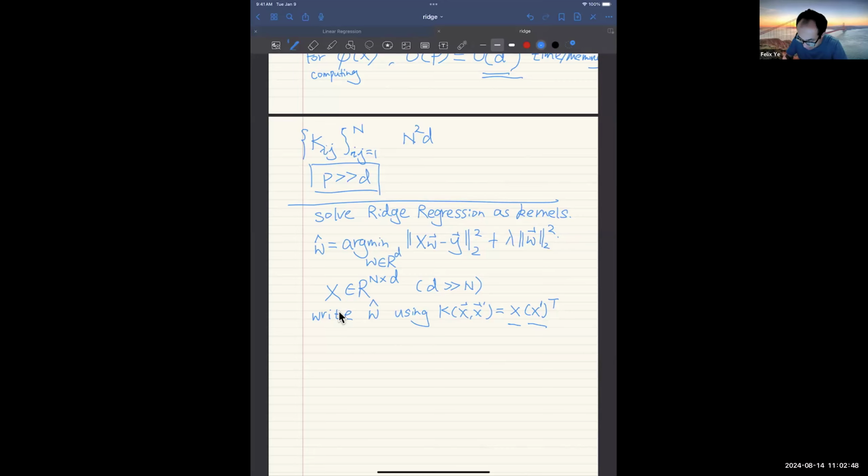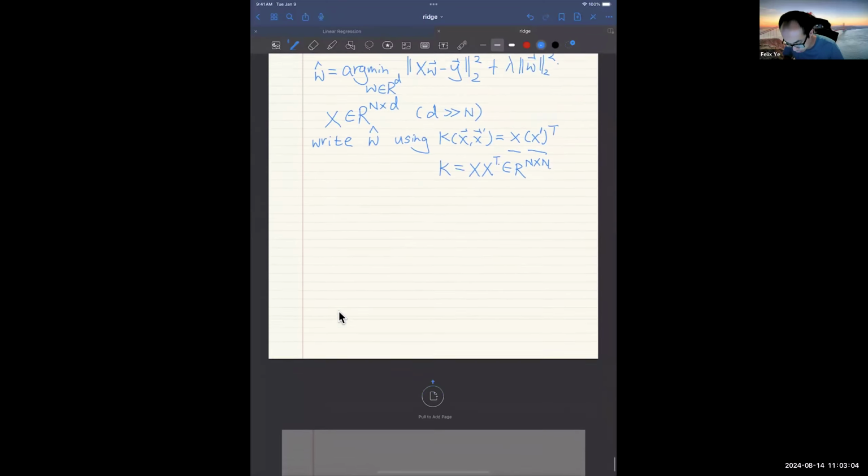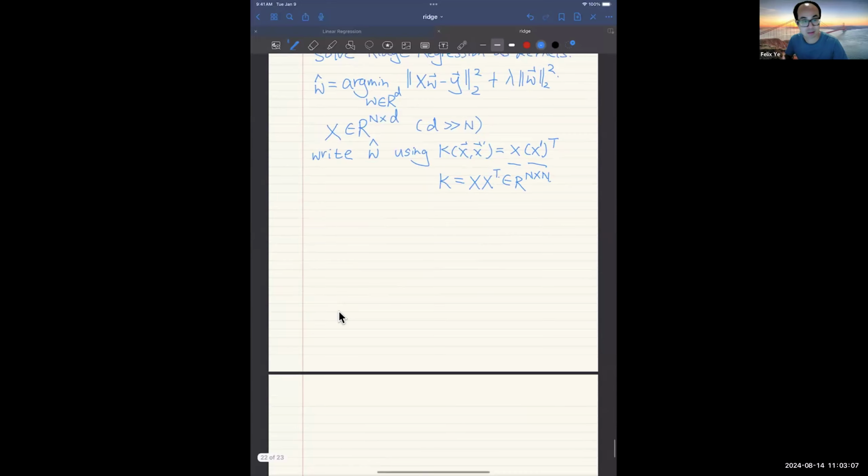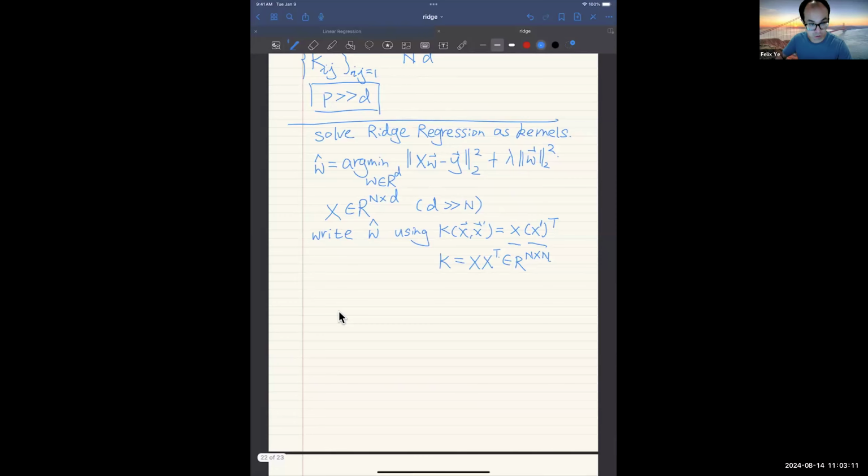If we write everything as the matrix K, this is nothing but X and X transpose, so we know this will be an n by n matrix. I want to write all my solutions with the K matrix. We consider the situation where D is much bigger than N, so the number of features is more than the number of data points.